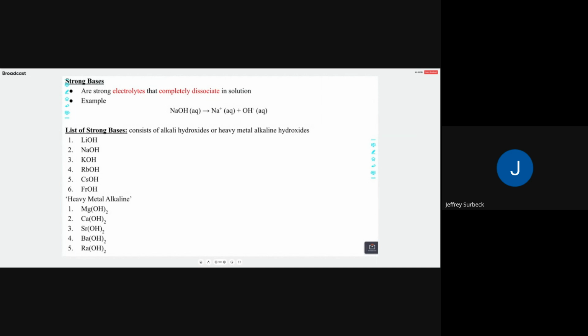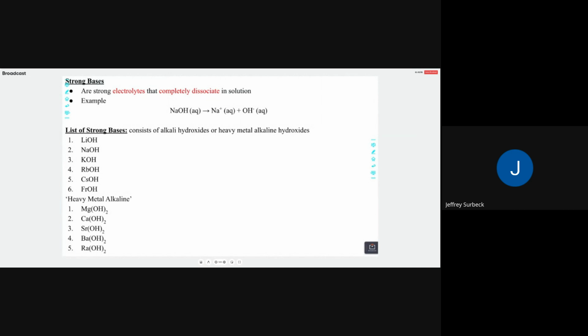What I like on strong bases, at least in my mind, is number 1, everything is a hydroxide: OH, OH, OH. Number 2, you have some identifiers. In the first list here, lithium all the way down to francium, they're in group number 1. Hydrogen is in group 1, but we don't include it. Everything there is a strong base.